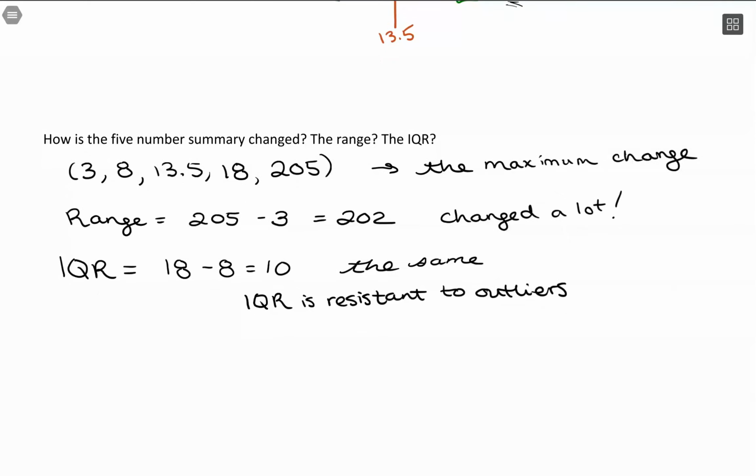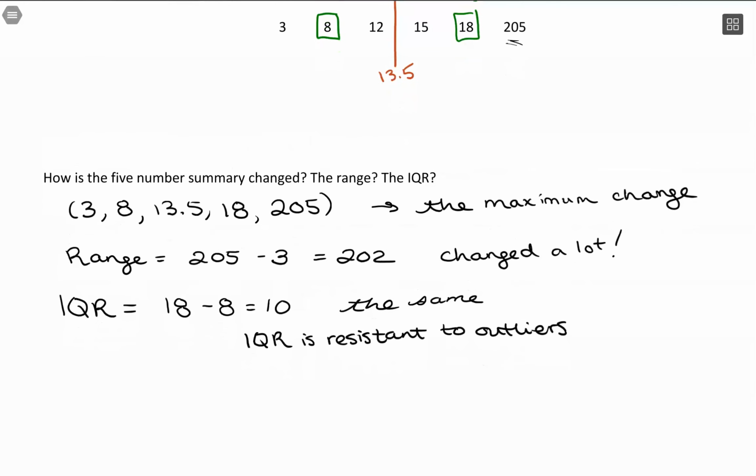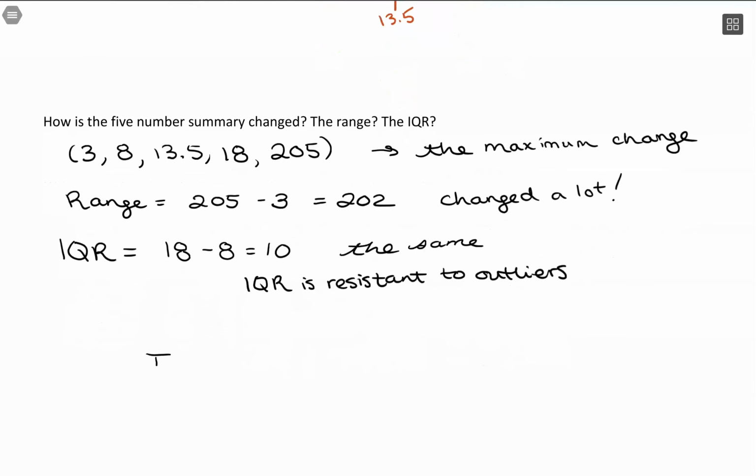In terms of putting a sentence together, we would say the median is 13.5 to describe the center, with an interquartile range of 10. That would be our sentence for center and spread when we have skewed data, using our median and interquartile range.